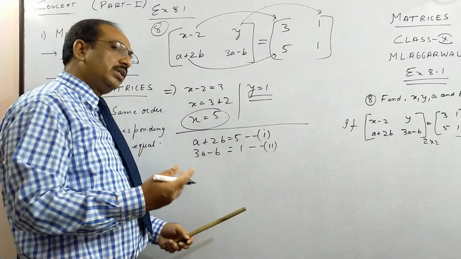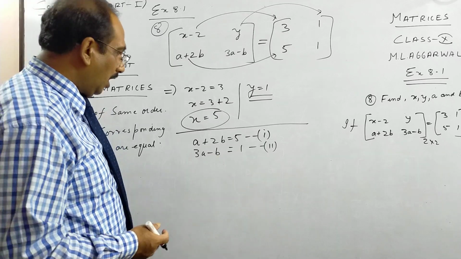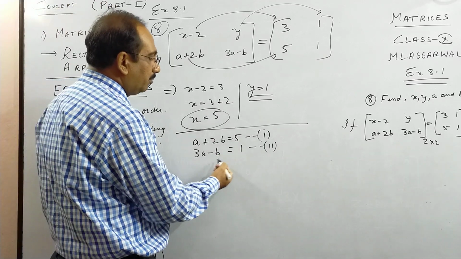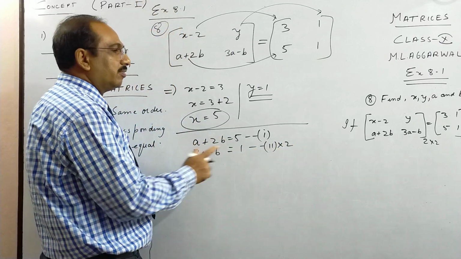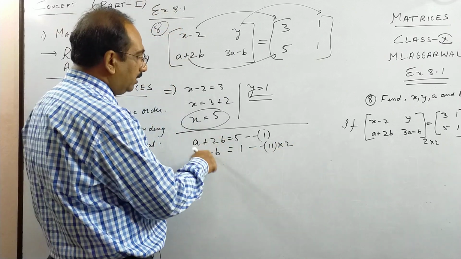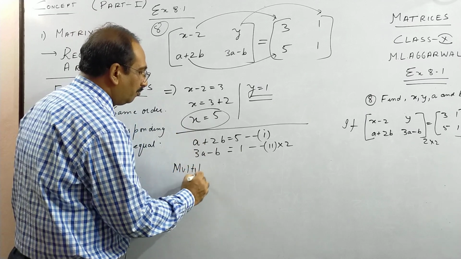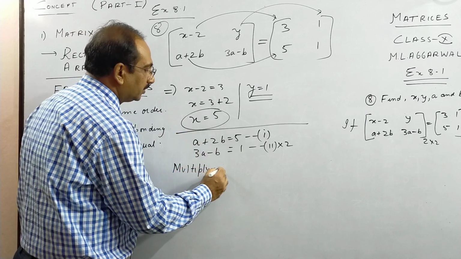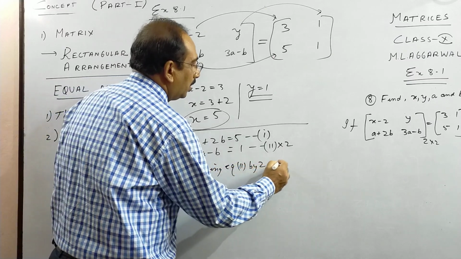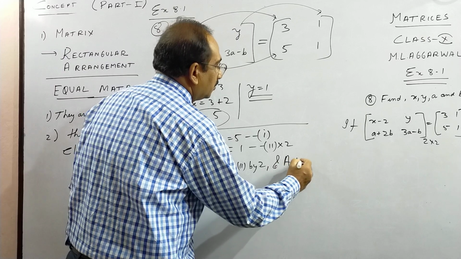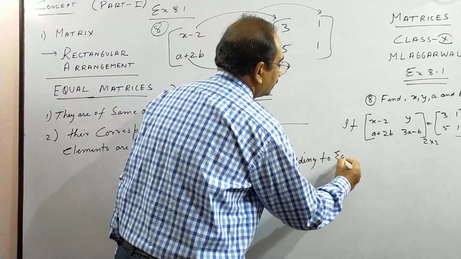We have to solve this simultaneously, which you have learnt in class 8 and 9. How is also a very easy way. Let me make b equal. So multiply the second equation by 2 and then we add these two. So multiplying equation 2 by 2 and adding to equation 1.